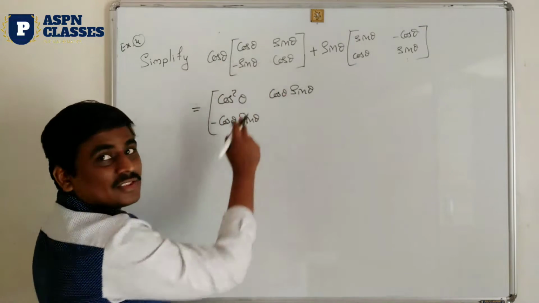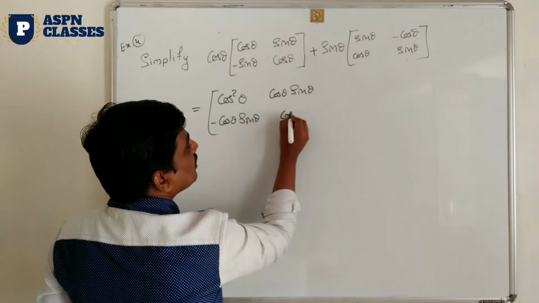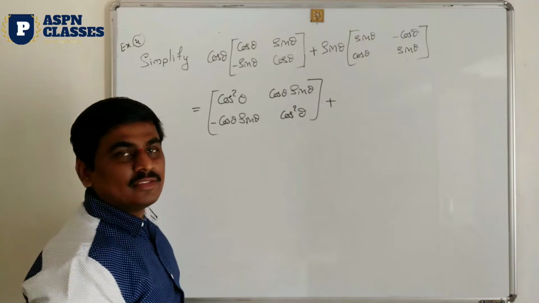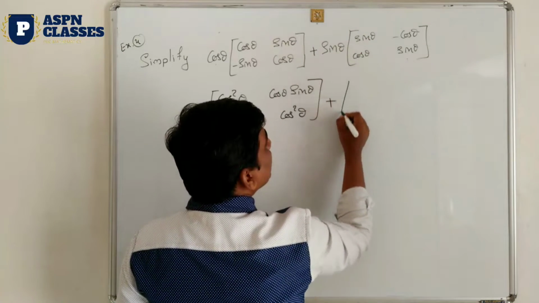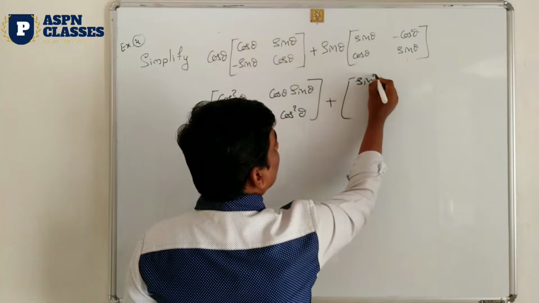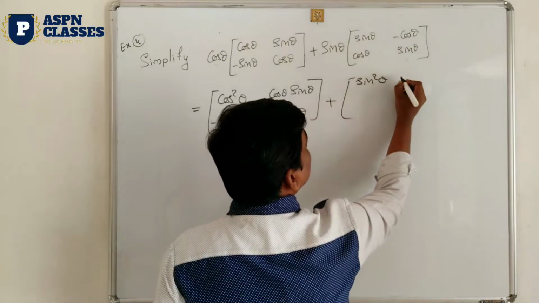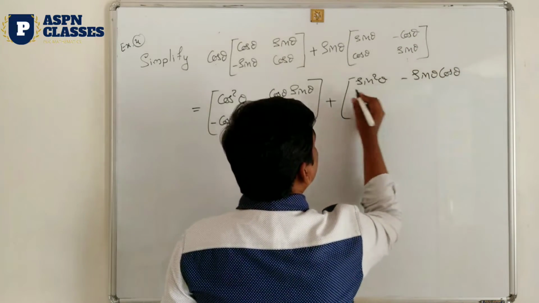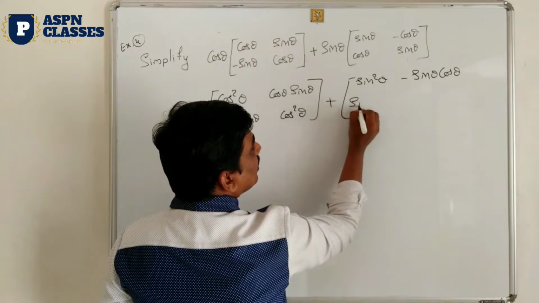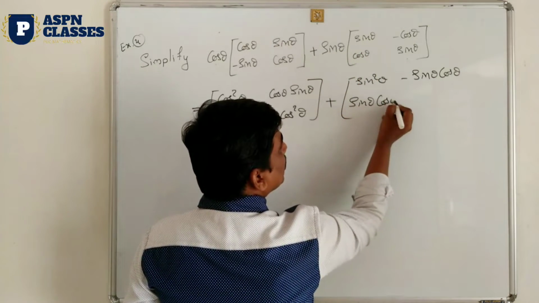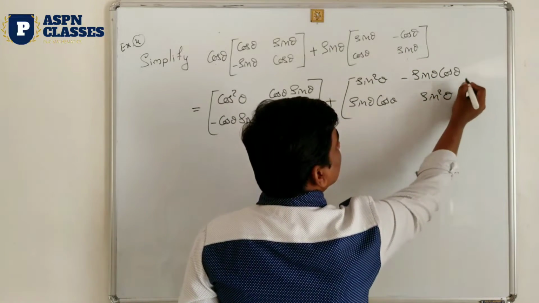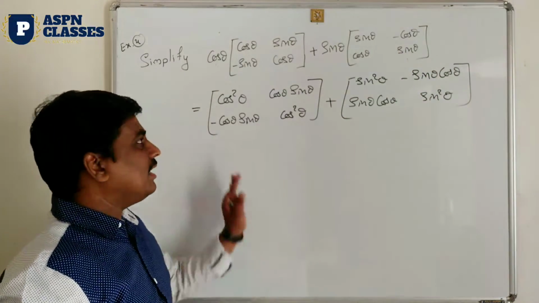Then cos theta into cos theta again gives cos square theta. Plus, sin theta multiplied with its matrix: sin theta into sin theta gives sin square theta, sin theta into minus cos theta, and again sin theta into cos theta, then sin square theta. Correct?